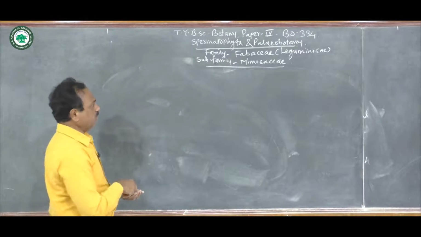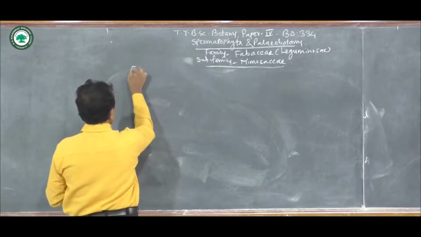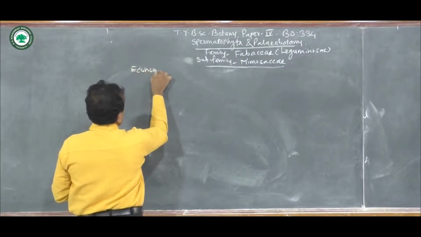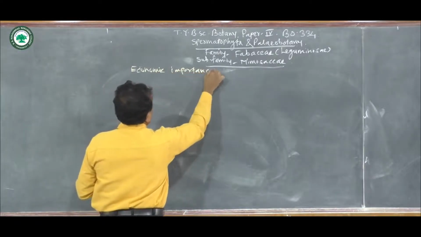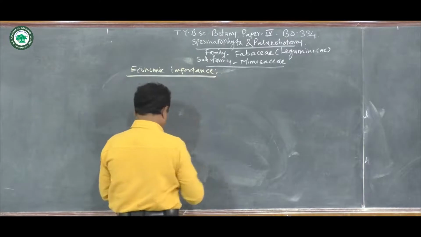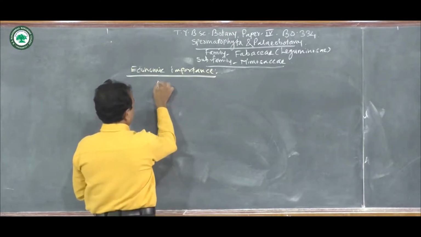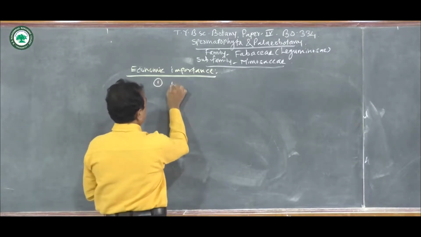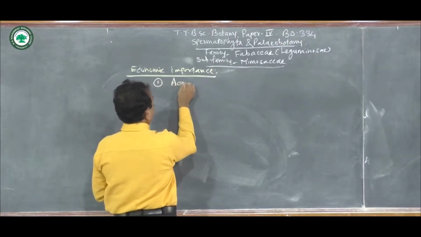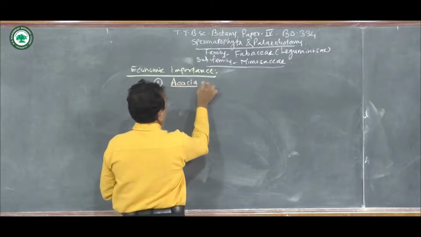Now let us see the economic importance of the family. Plants of this family are economically very important. The first plant is Acacia nilotica.